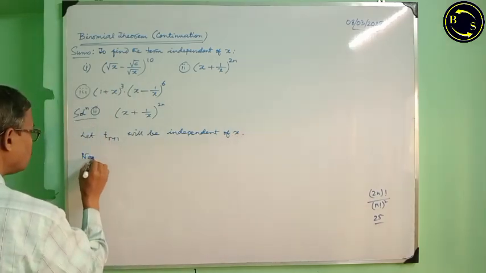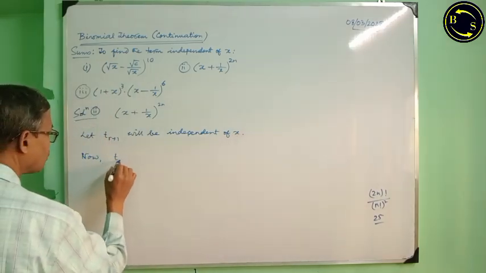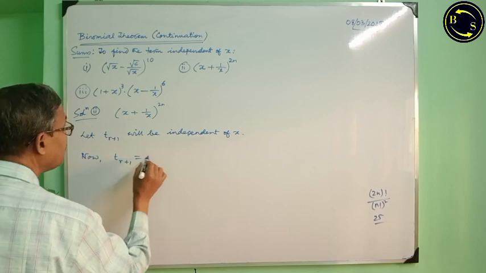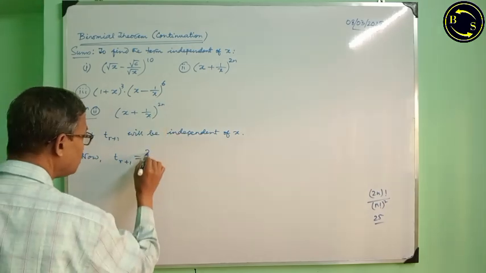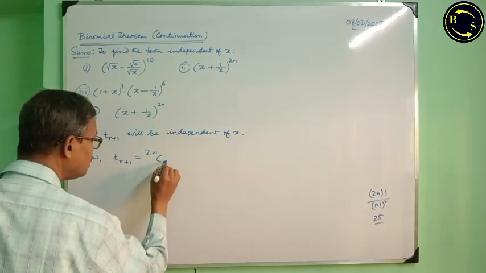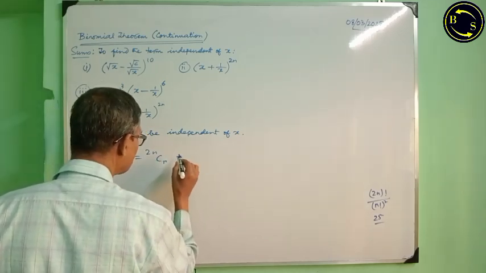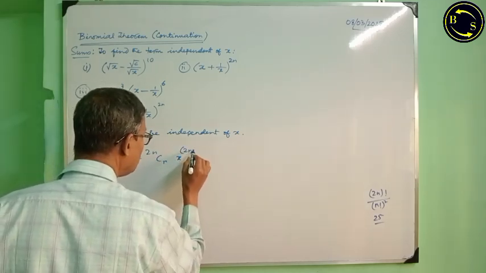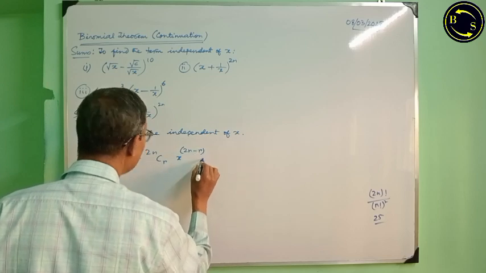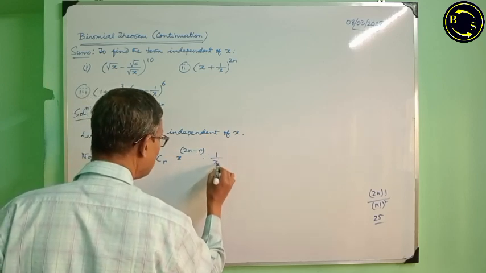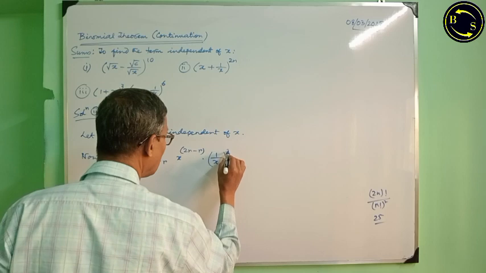Now first we find t r plus 1. In here n is 2n, Cr. a means x to the power 2n minus r into 1 by x whole to the power r.